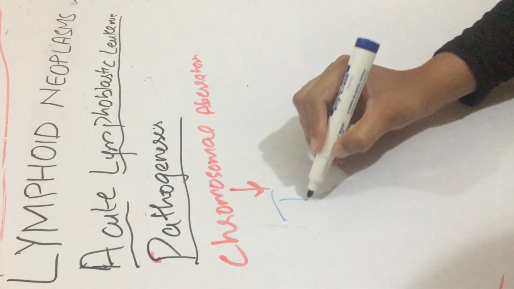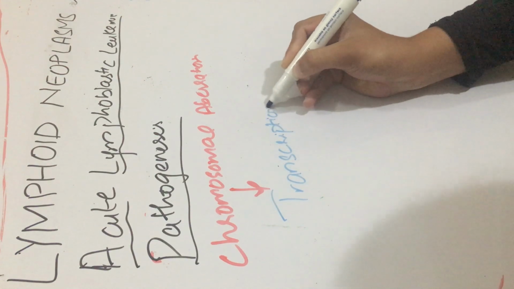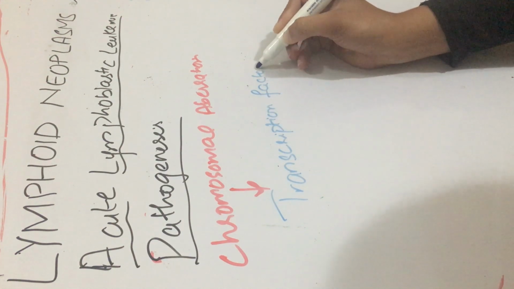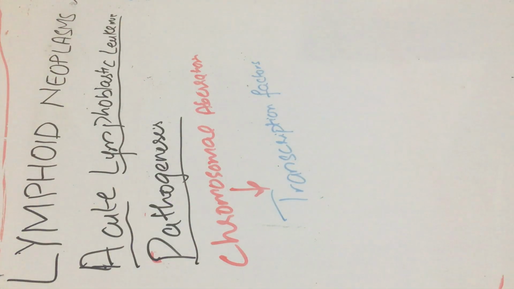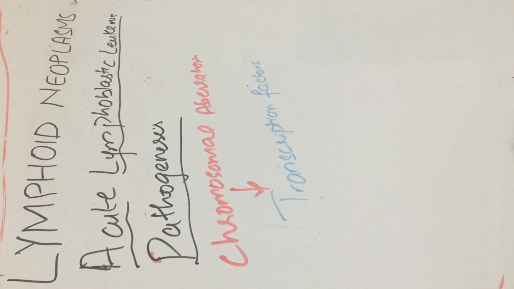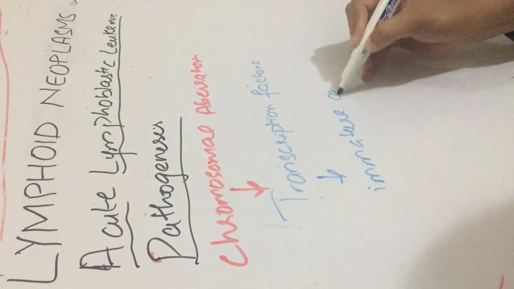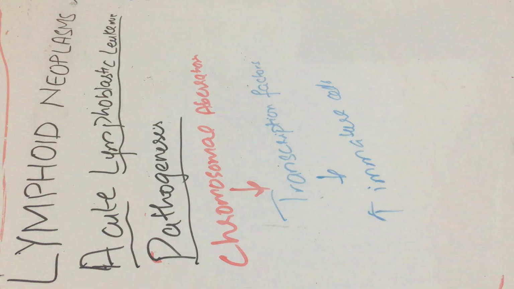These transcription factors are required for the maturation of B and T cells. When these transcription factors cannot properly express and function, the B and T cells cannot transform into the next mature form, and the immature forms continue to accumulate in the bone marrow. So the number of immature cells would increase. This was a brief pathogenesis.